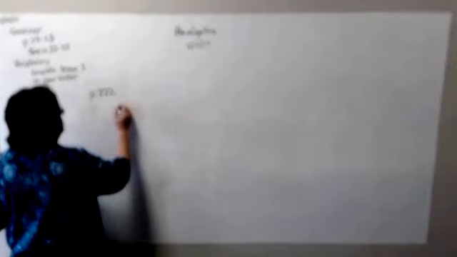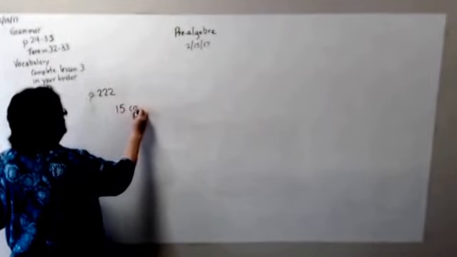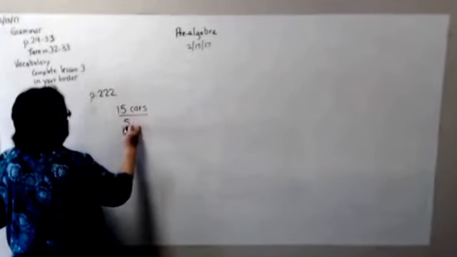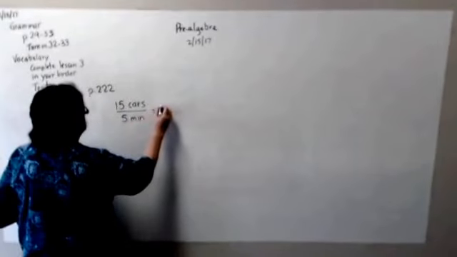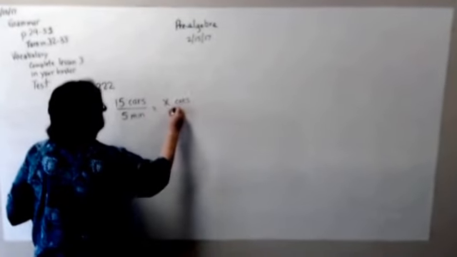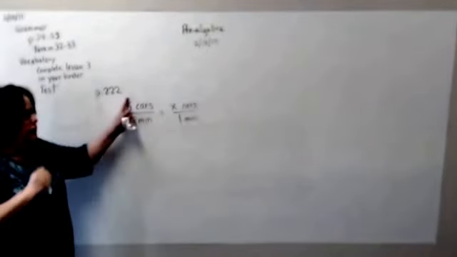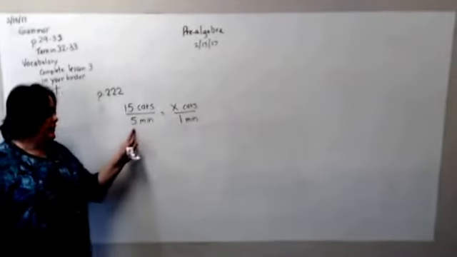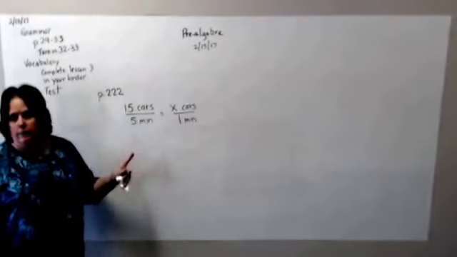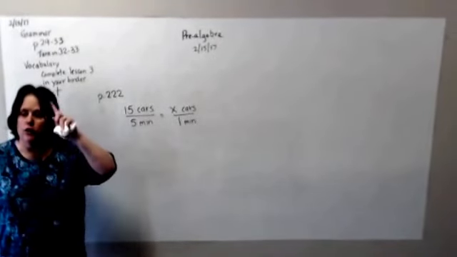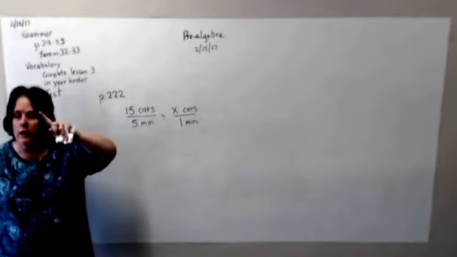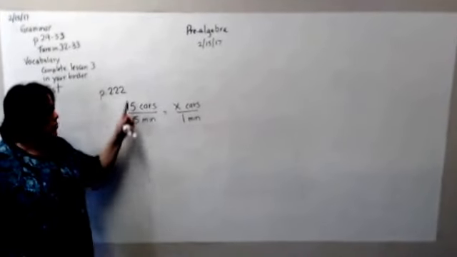Now, look, there are 2 ways. 15 cars in 5 minutes equals how many cars in 1 minute? You're going to do 15 times 1 is 15 divided by 5. Because when we're looking for a unit rate per 1 minute, we can just divide.